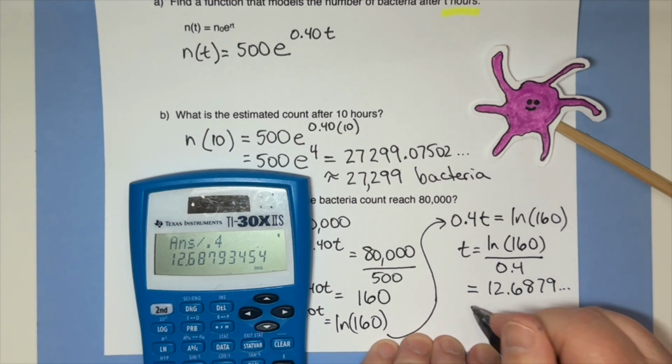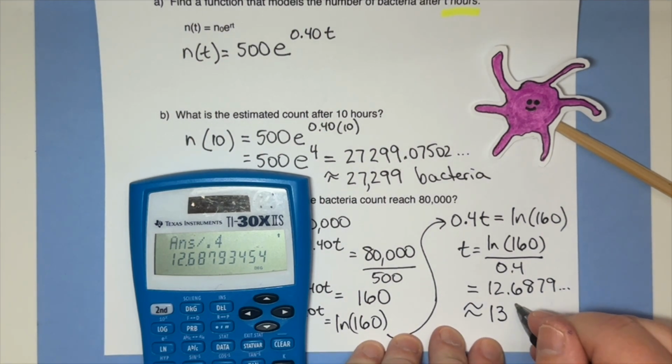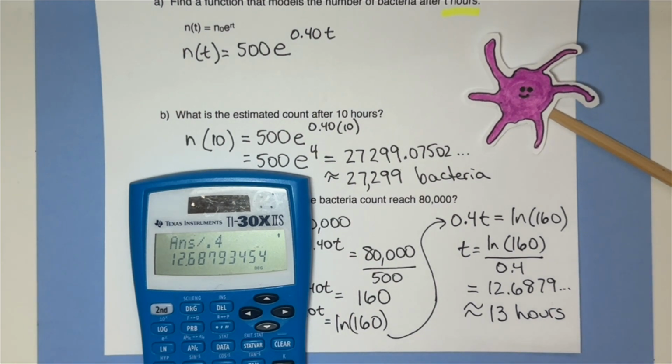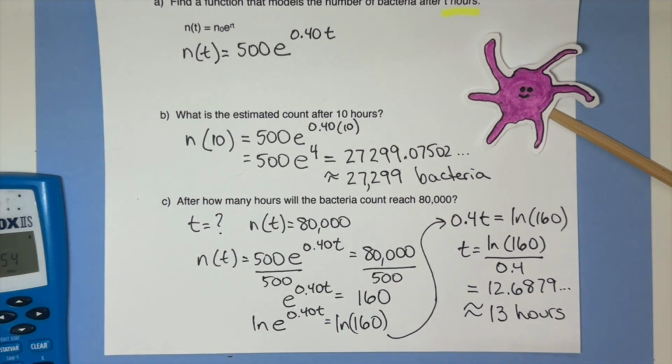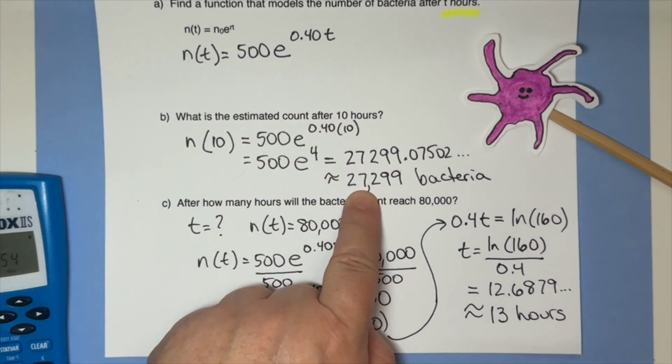And I'm going to get 12.6879, some other numbers. And again, it doesn't tell me how to round, so I might round to 13 hours. You could also round to hours and minutes if you like. So does this make sense? And I would claim it kind of does, because 10 hours got us from 500 to 27,000.